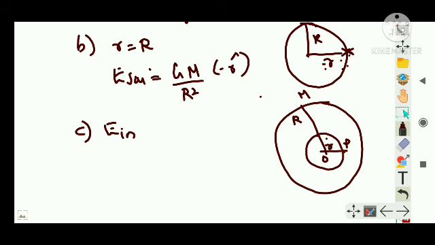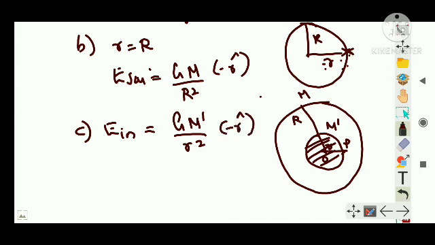So inside the sphere, I can write E is equal to GM dash. Why did I write M dash? Let's say the inner sphere has mass M dash, divided by distance r squared and minus r cap, right?